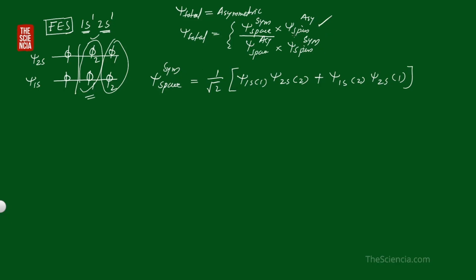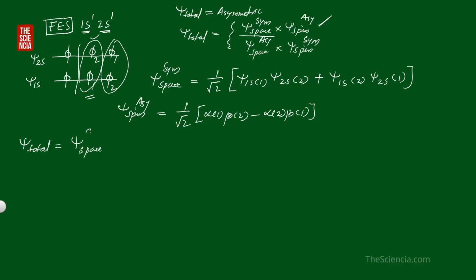Now we have to find the asymmetric spin part. There is only one asymmetric spin part for two fermions, that is 1 by root 2 (alpha 1 beta 2 minus alpha 2 beta 1). So the total wave function is the symmetric space part into the asymmetric spin part.